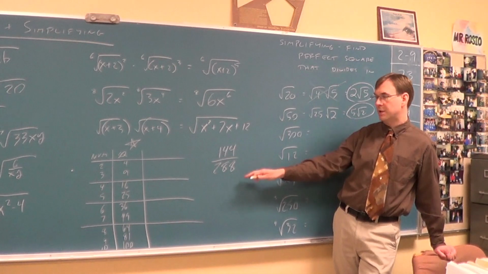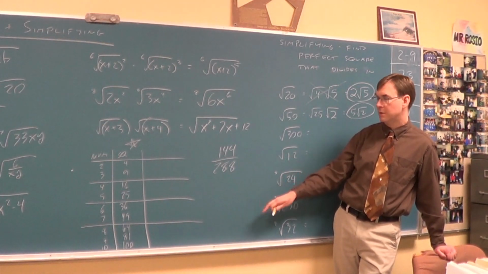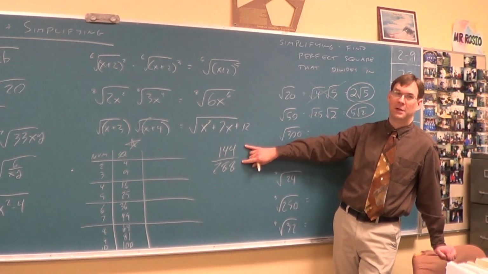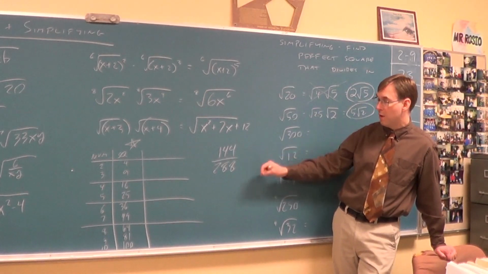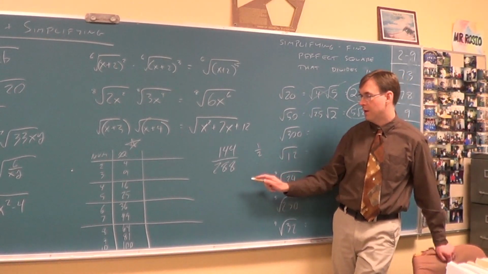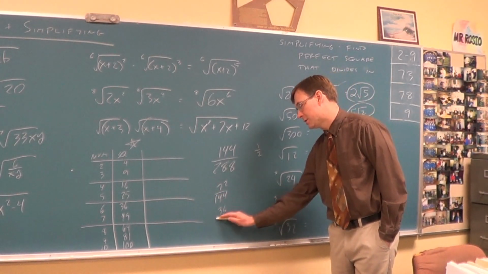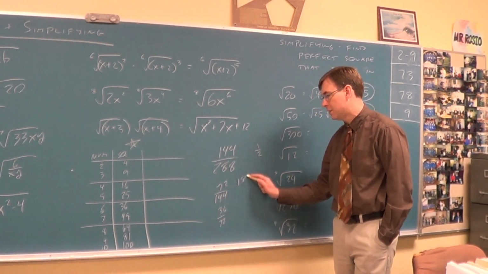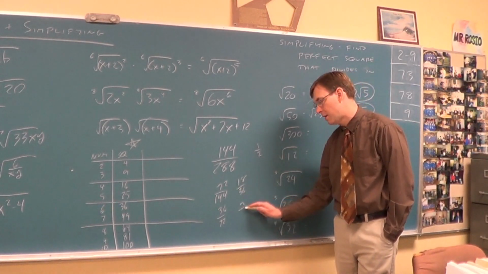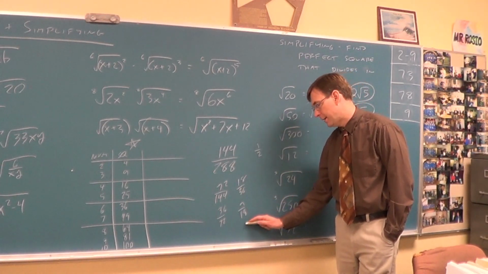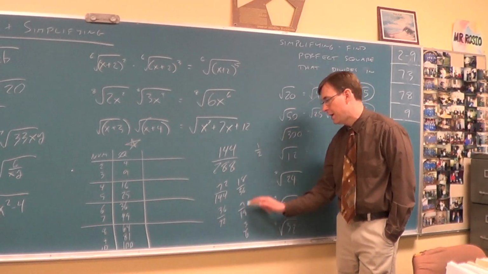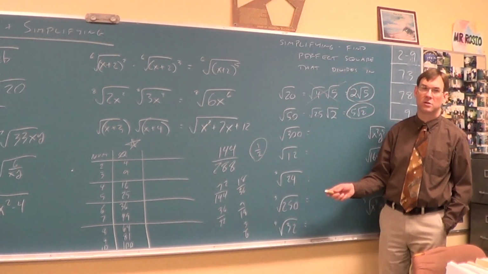If you kept reducing by 2 and by 2 and by 2, your best bet is actually 144, which goes into both, and instantly you'd get a half. Instead of going 72 over 144, 36 over 72, 18 over 36, 9 over 18, 3 over 6, eventually you get there, but it's a drag.